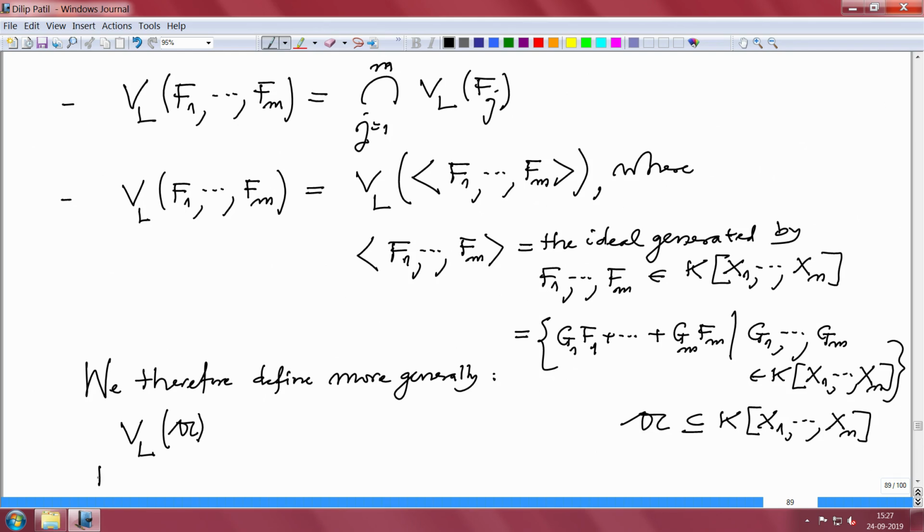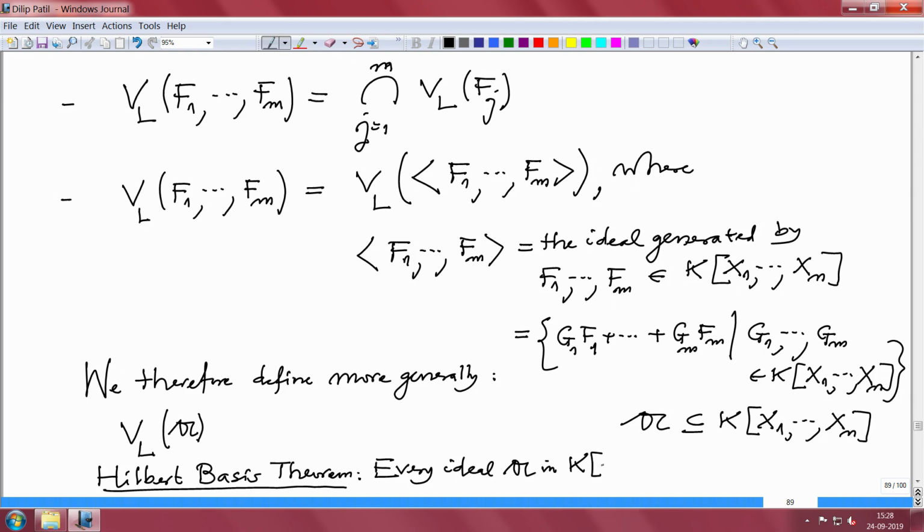So, Hilbert basis theorem says every ideal A in the polynomial ring over a field K is finitely generated.